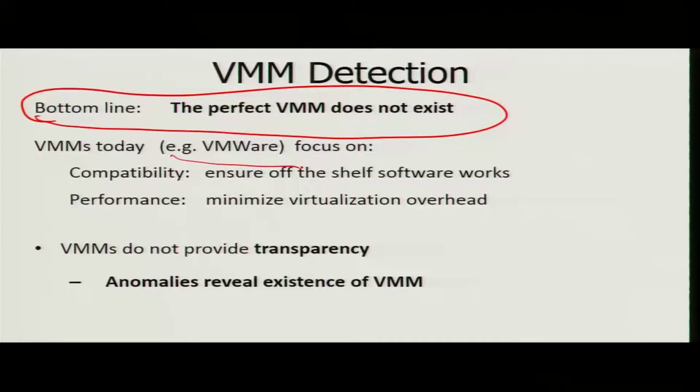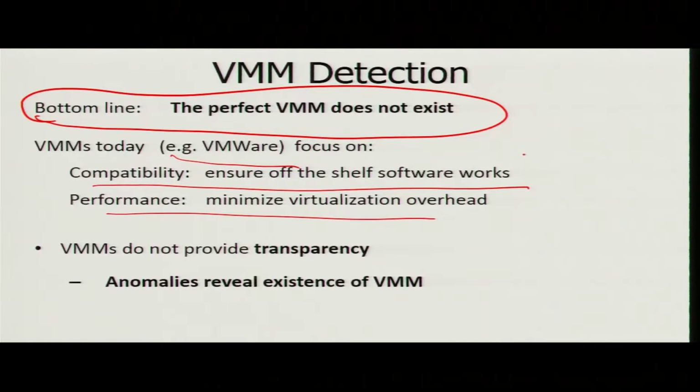VMMs of today, like VMware, mostly focus on compatibility and performance. So they do not worry about being detected or not detected, and therefore they do not provide transparency. So you can know that what you are running on is a virtual machine through various anomalies, and therefore this issue of detecting a virtual machine is kind of a given.